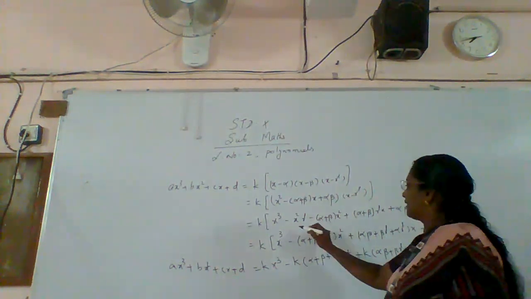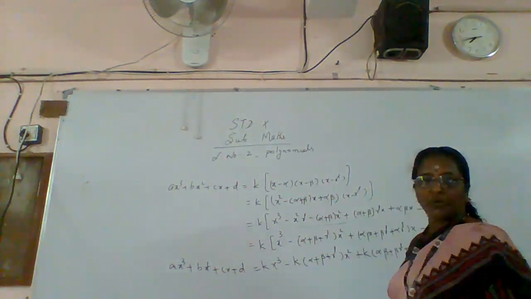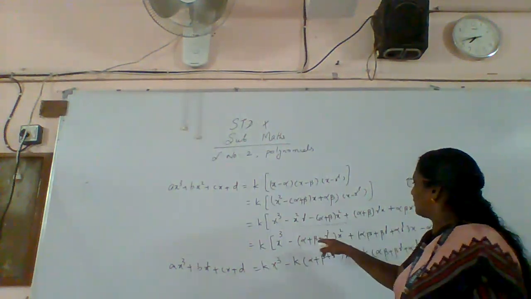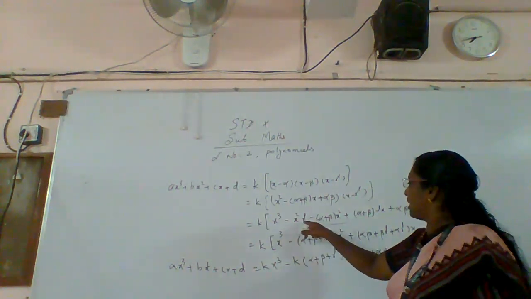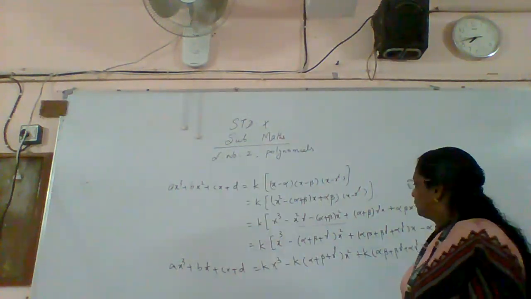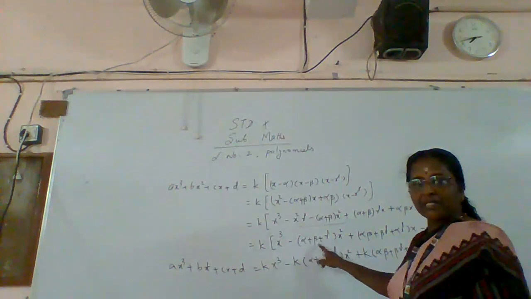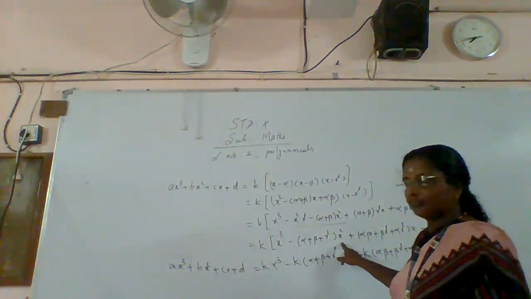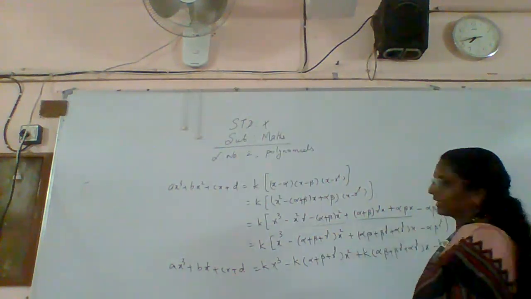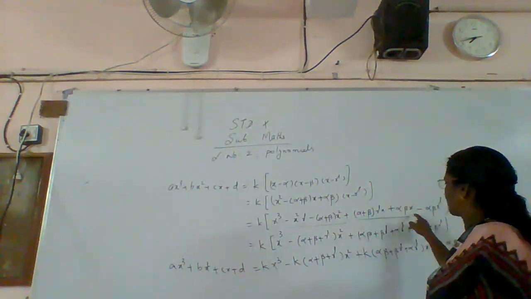Now we will arrange the x square term coefficients together. Here in x square, alpha is coming, beta is coming, gamma is coming. Here minus, so I take minus common outside: minus (alpha plus beta plus gamma) into x square. Plus now the x terms, here also x coming, here also x coming.